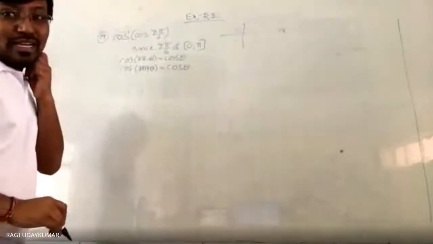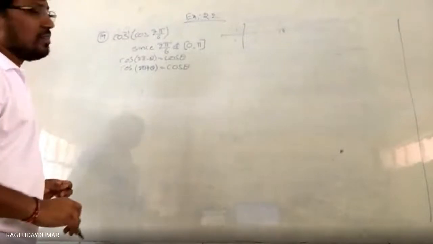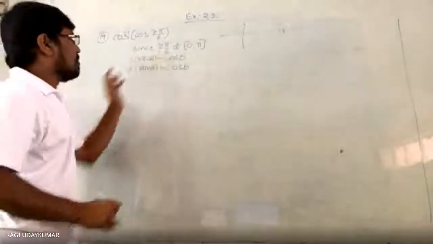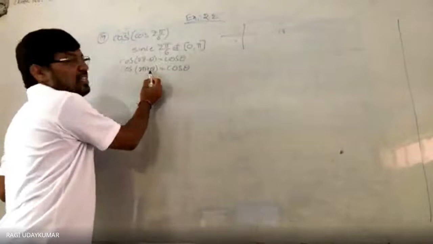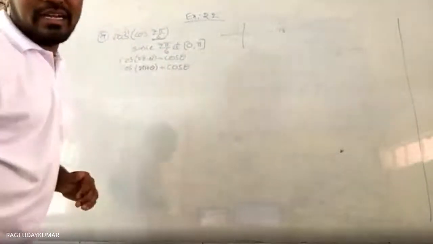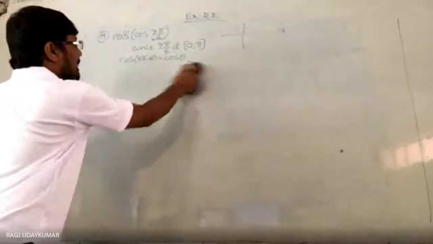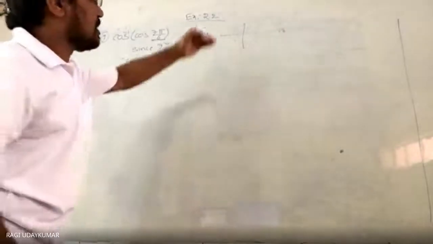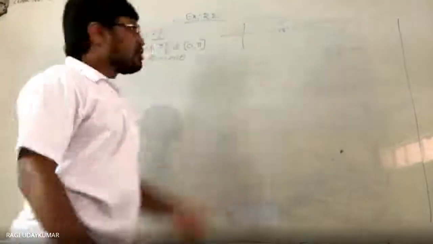Which of these two can be taken into consideration? 2 pi minus theta, because if you take 2 pi plus theta, the angle is again going to increase. We need to decrease, so you don't take that line. 2 pi minus theta means positive.